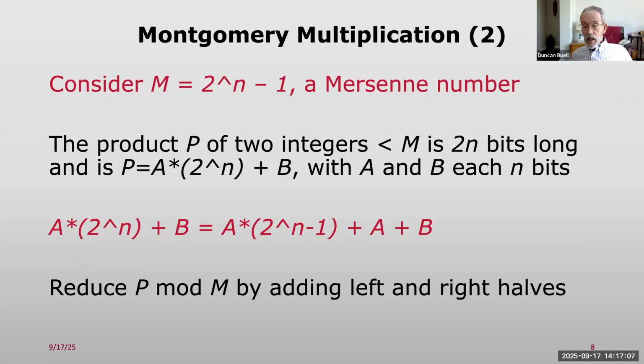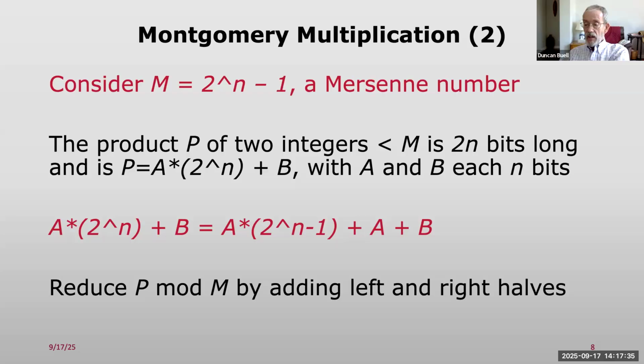Let's just deal with 4096-bit numbers. You'd get an 8192-bit number, which would be a left half of 4096 bits and a right half of 4096 bits. And the product is the left half a times 2 to the n plus b.